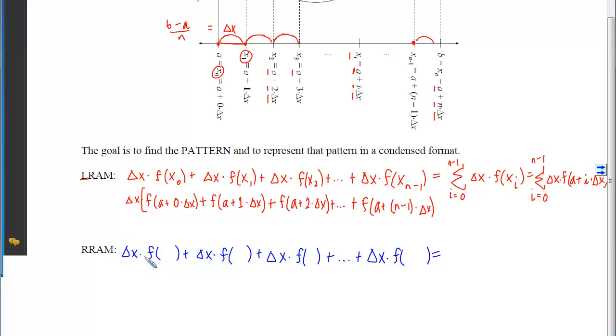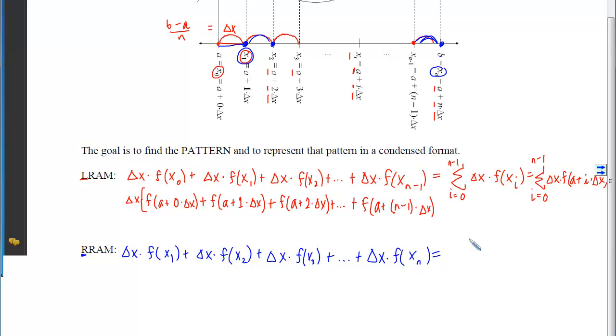If I want a RRAM, that means in my first subinterval, the right edge is going to come from x sub 1. And if I look at my next one, the right edge is going to come from x sub 2. The next one will come from x sub 3. And my final rectangle, the right edge is going to come from b, or x sub n.